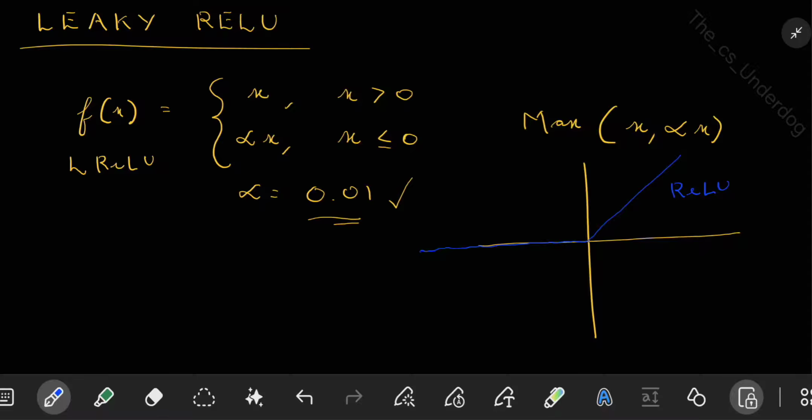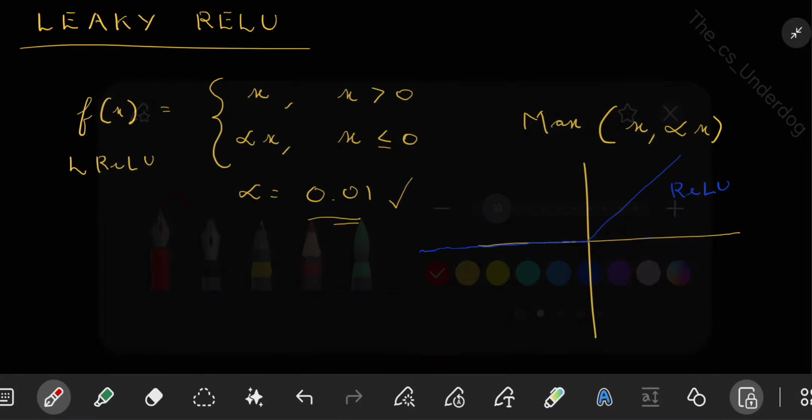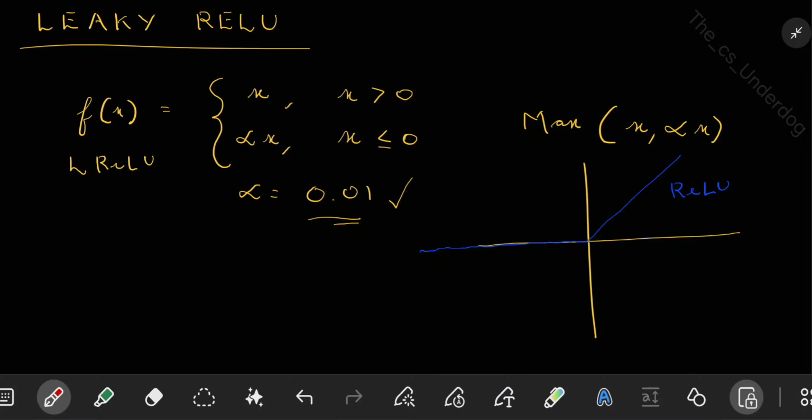Next thing we want to see is what change leaky ReLU brought in. Leaky ReLU I'll draw with red color. In case of leaky ReLU, the positive side is the same as ReLU, so I'll draw the same y equal to x line. But on the negative side, instead of 0, I am doing 0.01 into x.